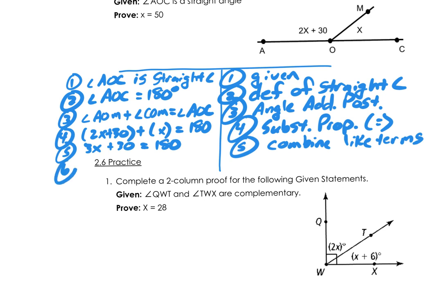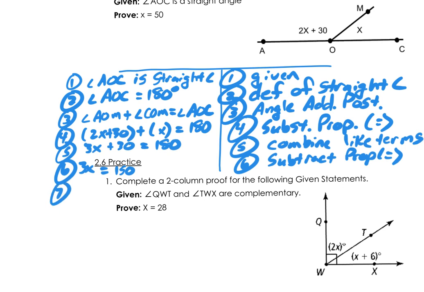Okay, number 6, what are we going to do? Subtract 30, okay? So we're just going to write 3x equals 150. Because we did the subtraction property.